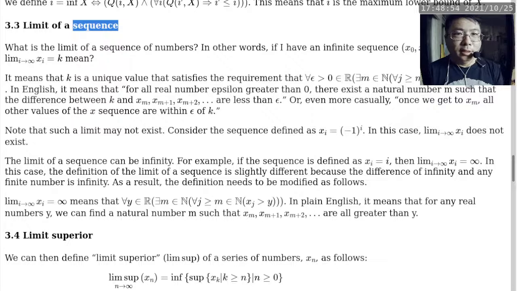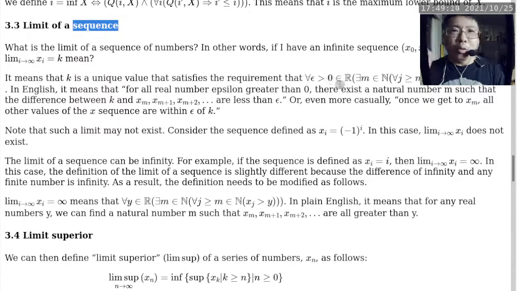All this is saying is, if this is true, okay, if k is indeed the limit of x_i when i approaches infinity, then this statement is going to be true. So what that means is you can give me any epsilon. It can be very small, like 0.0001. Give me any epsilon that is a real number that is greater than 0.